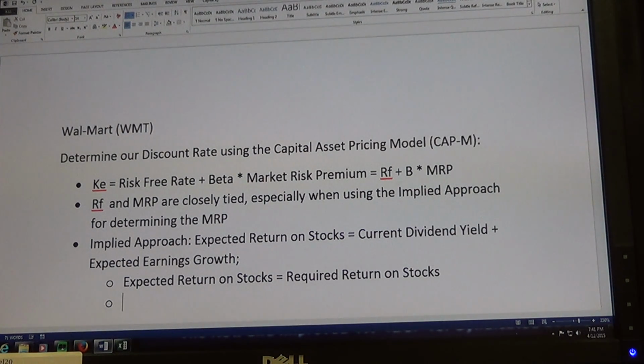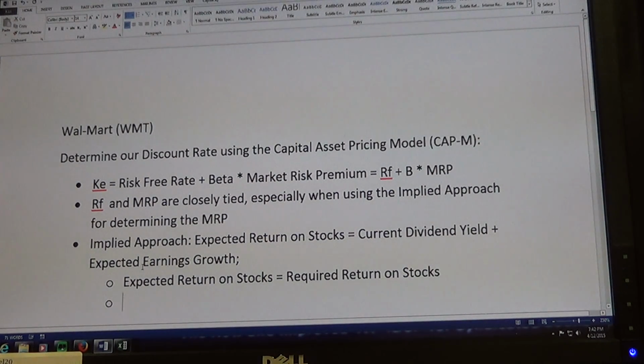And so if the expected return on stocks is the current dividend yield plus expected earnings growth, and we believe that the expected return on stocks should equal required return on stocks if markets are efficient, then what we can do is forecast what we think stocks will return in the future by coming up with our own assumptions for the current dividend yield and expected earnings growth.